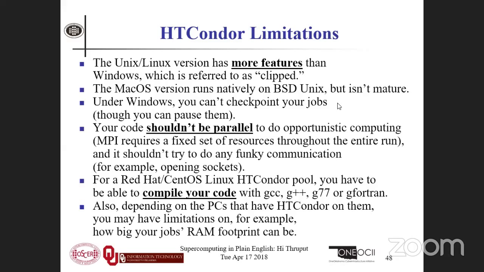You typically have to be able to compile your code with a very specific set of compilers. On most systems, you can only use the GNU compilers. You can't use a third-party commercial compiler typically. Because although you don't have to rewrite your code, you do have to recompile your code. Well, even that's a slight oversimplification, but we'll leave it at that, okay?